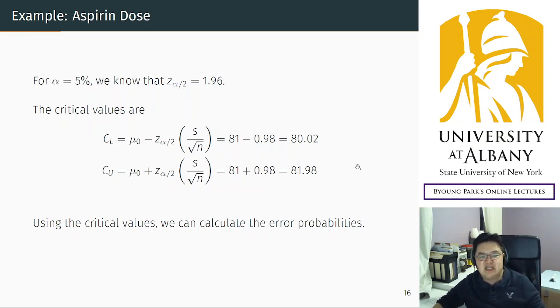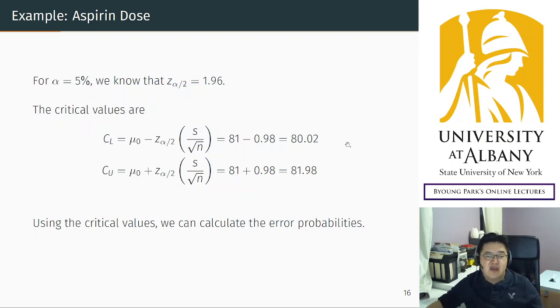It is significantly different from the label amount, 81 milligram. So the dose is incorrect. So the FDA has to do something to stop it, ban it, or do something. Anyhow, that's how it works, or what we imagine in this example.